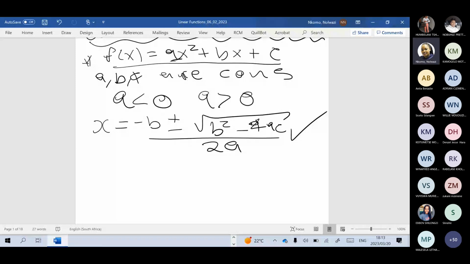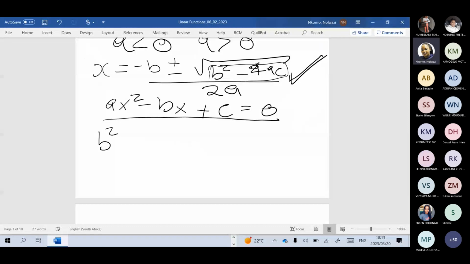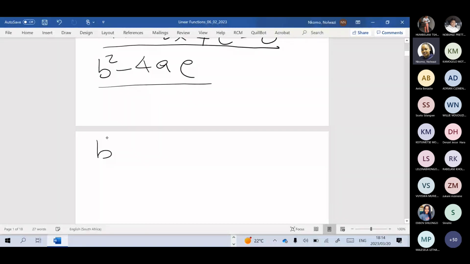Then we have what's under the square root, which is b squared minus 4ac. This is called the discriminant, and it describes the nature of our roots. If our discriminant, b squared minus 4ac, is greater than 0, that means we have two real roots.